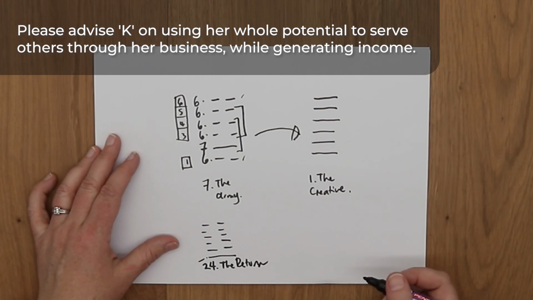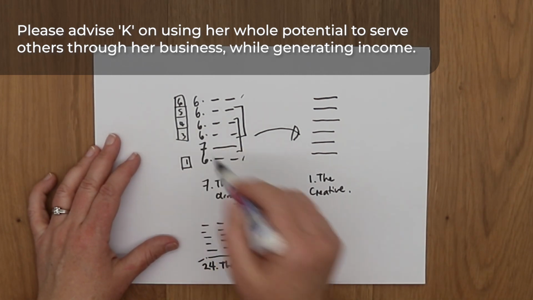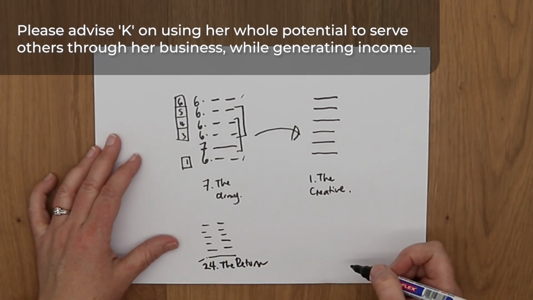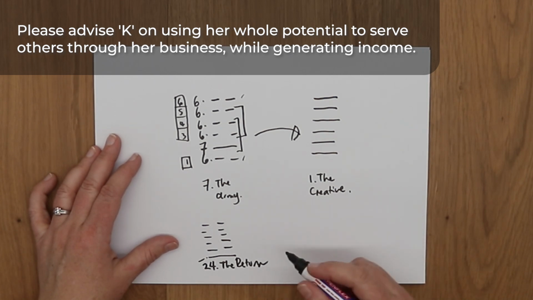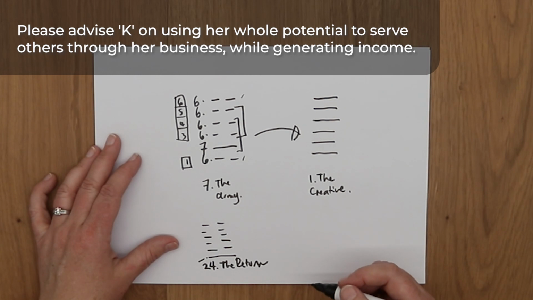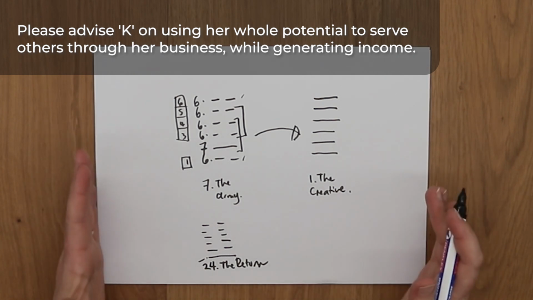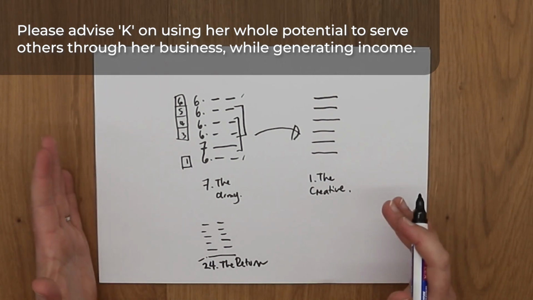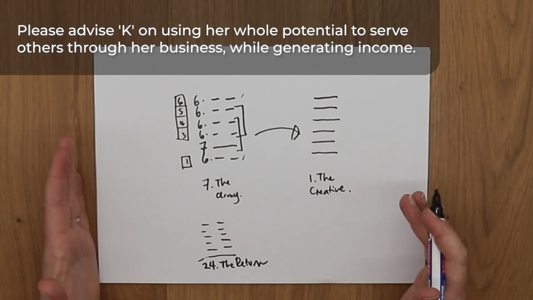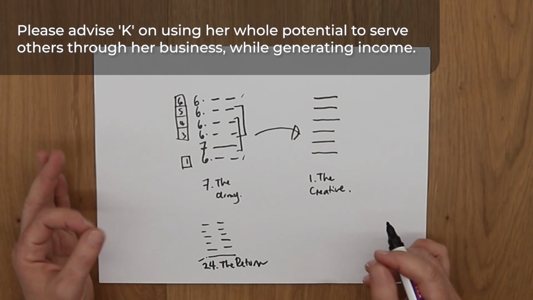Okay, so we're going to get into the changing lines in a moment, but let us remind ourselves of the question. Kay has asked about using her whole potential to serve others through her business while generating abundance. So with the hexagrams, we can pull out a bit of a strategy from the hexagram meaning.